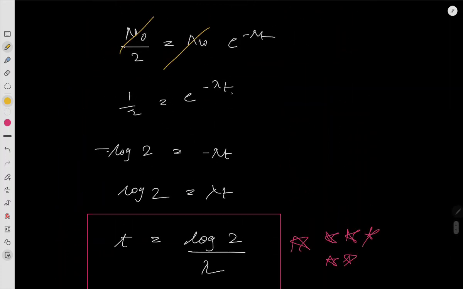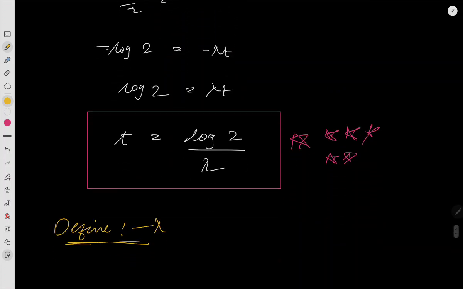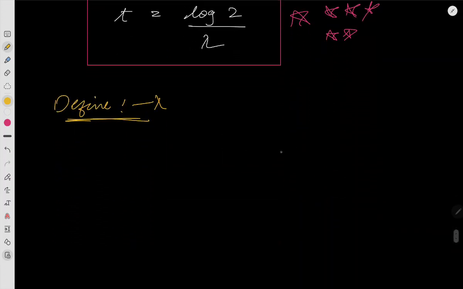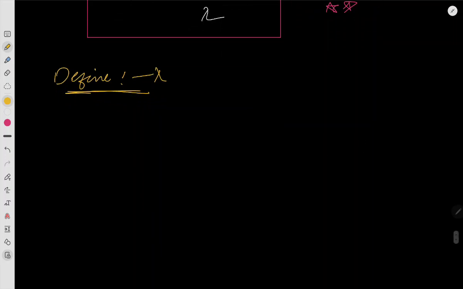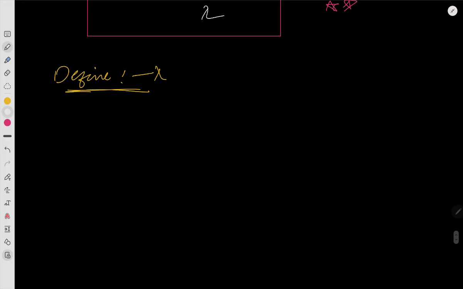If you see, the exponent should be unitless. So as t is in seconds, lambda should be 1 upon second, that is second inverse. So let us just derive it at first, and then we'll write the definition.